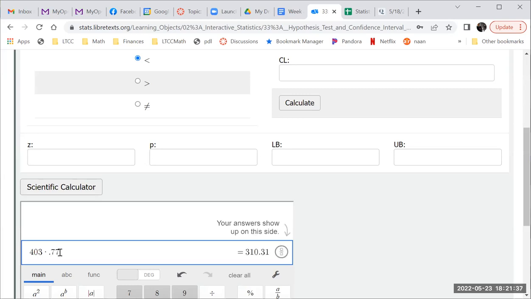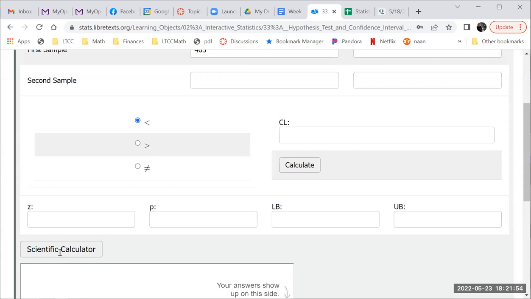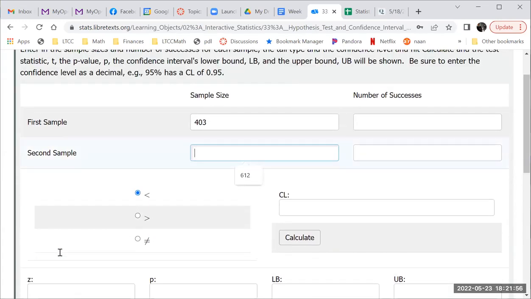There's always a button for the scientific calculator so that you can always just go to it. You always want to round to the nearest whole number when you're talking about proportions, because you can't have 0.31 people say yes. So 310 is the number of successes for the first sample.